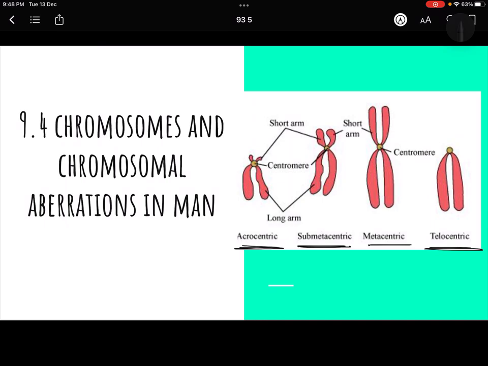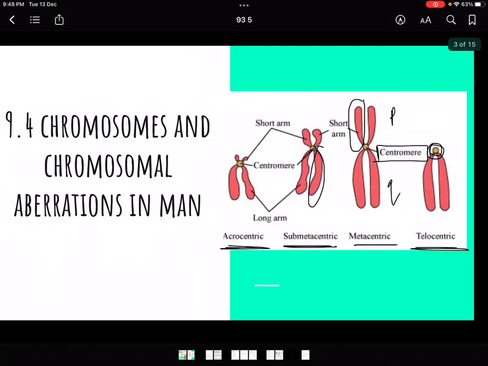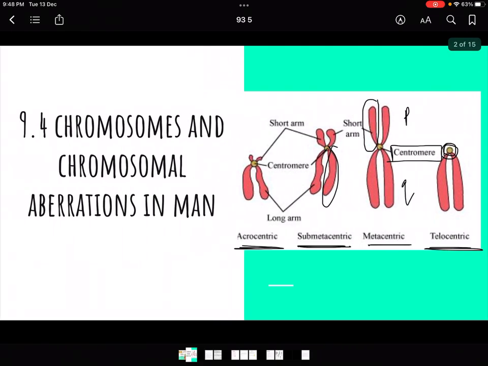We had studied about this. This is called the centromere, and these are called the short arm and the long arm, or you can say P arm and Q arm also, right? This is how the chromosomes look, and this is going to be helpful when we study the chromosomal aberrations.